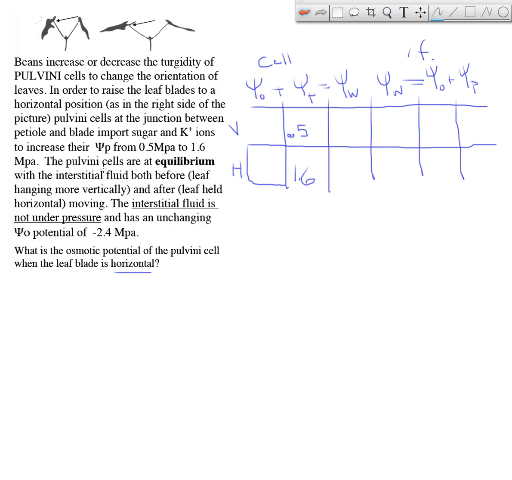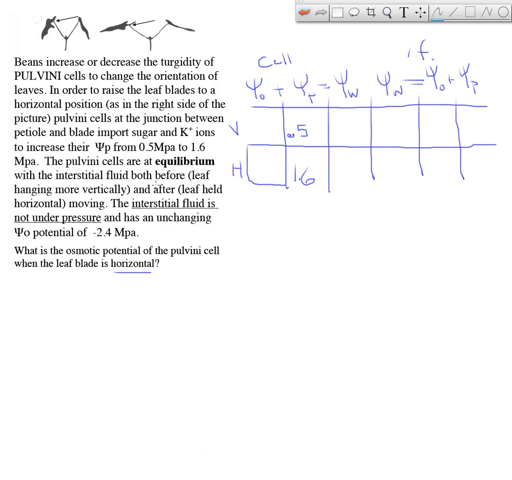The Pulvini cells are at equilibrium with the interstitial fluid, both before and after moving. Okay, now, this has to be true, because if a cell is neither expanding nor contracting, then it has the same water potential as its environment. If the water potential in the cell was lower than the environment, water would be coming in and it would be getting bigger.